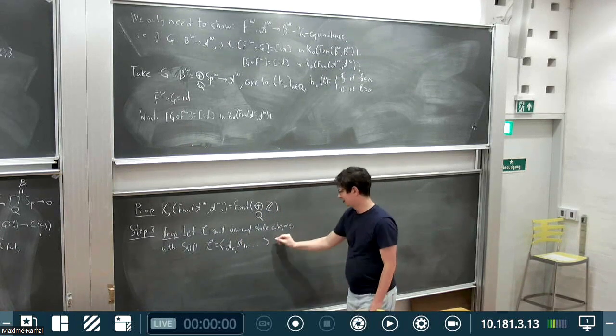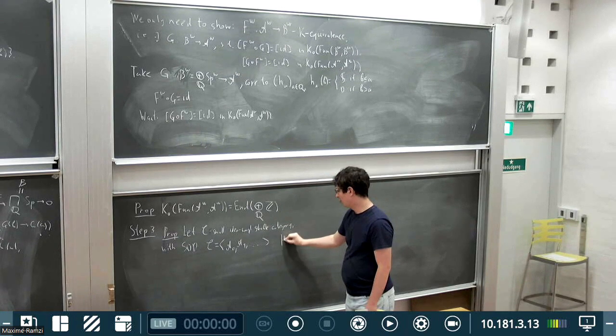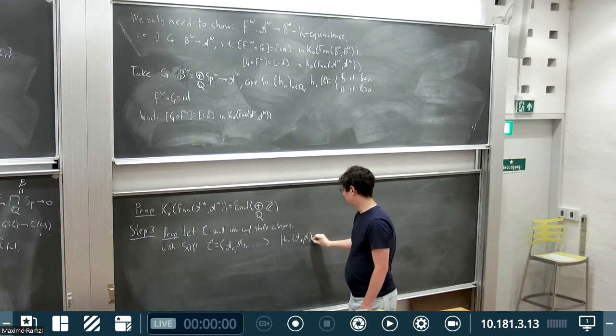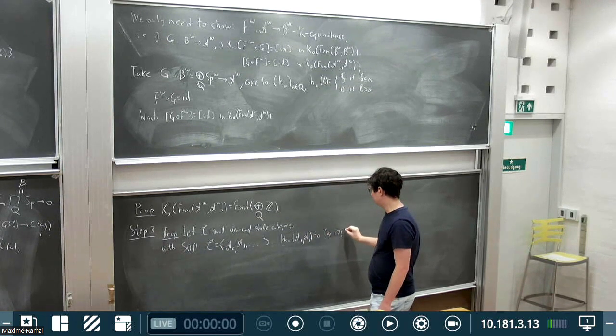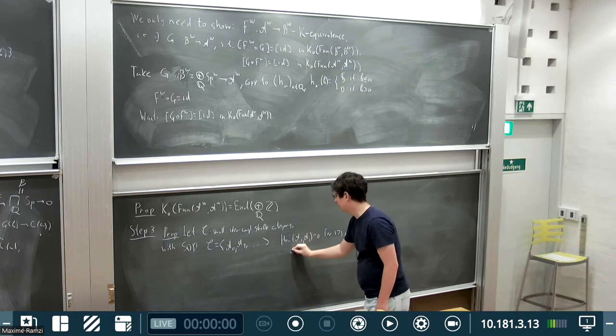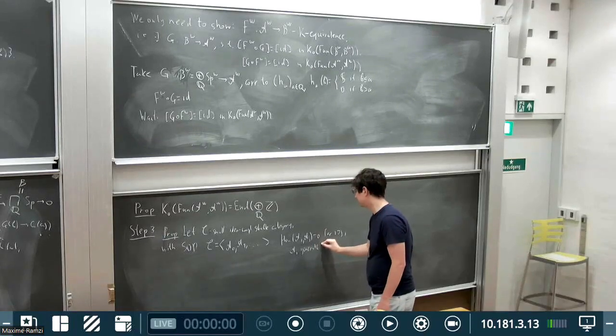Which means that there are no Homs from Ai to Aj for i greater than j. And these subcategories Ai generate C as a stable subcategory.